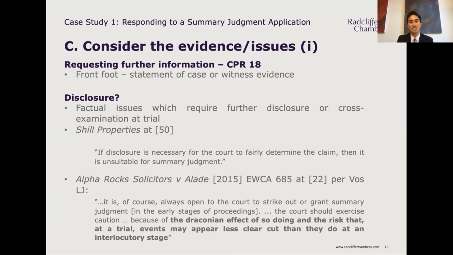Now, the first thing to do is consider what evidence is before the court at the moment and what we know about the applicant's case. The first thing I've put there is you might consider requesting further information by making a Part 18 request. Again, I don't have time to go into a detailed consideration of Part 18 rules, but this is potentially a useful strategy because it will put you on the front foot, perhaps.